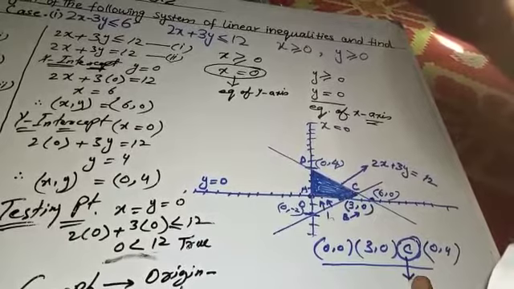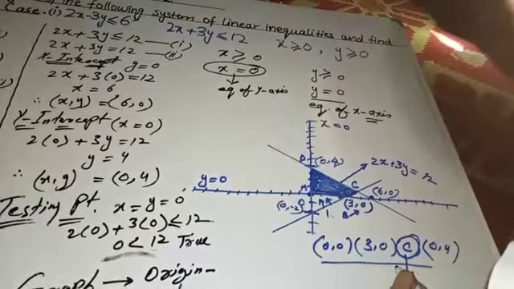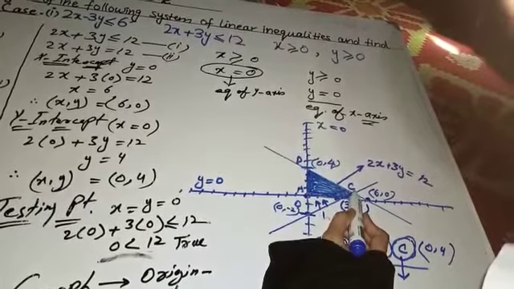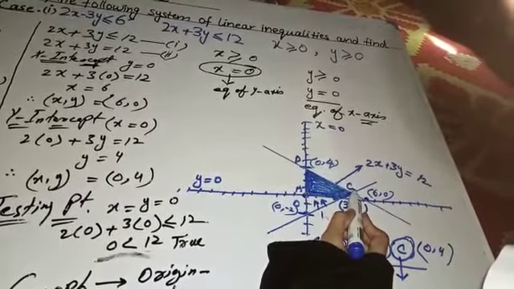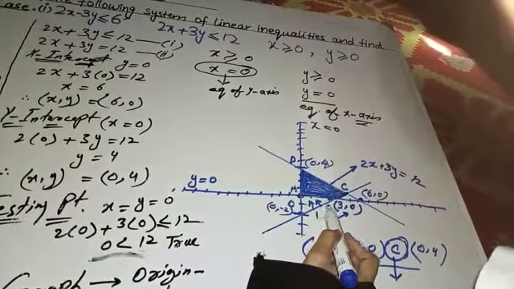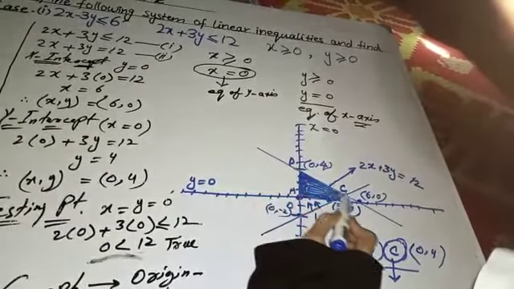Okay, we have one point still unknown. To calculate this point, first of all try to understand which lines this point lies on. This point is obtained by joining linear inequality expression 1 and linear inequality expression 2.